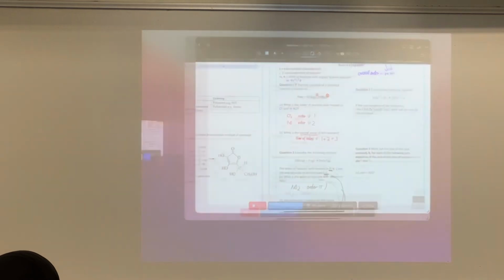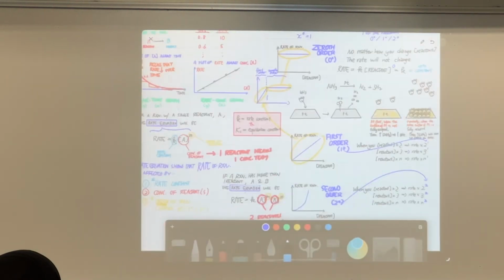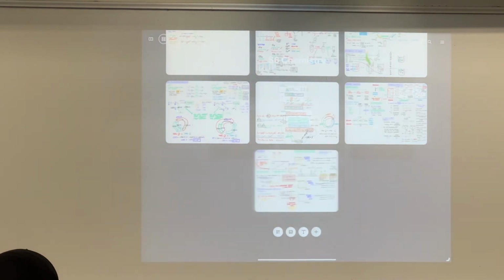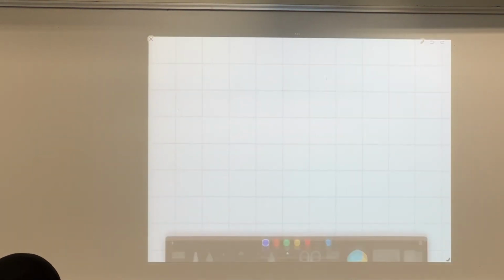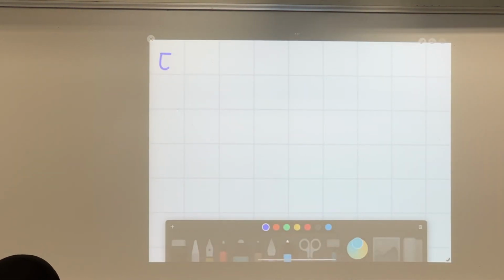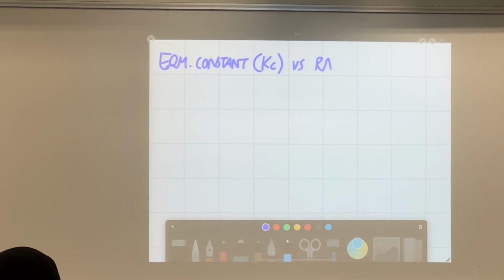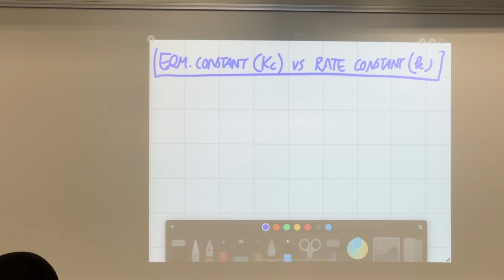Okay. So now I want to draw your attention back to the equilibrium constant and the rate constant. So equilibrium constant, Kc, versus rate constant, small k. Both of them can have different units, right? Do you remember?